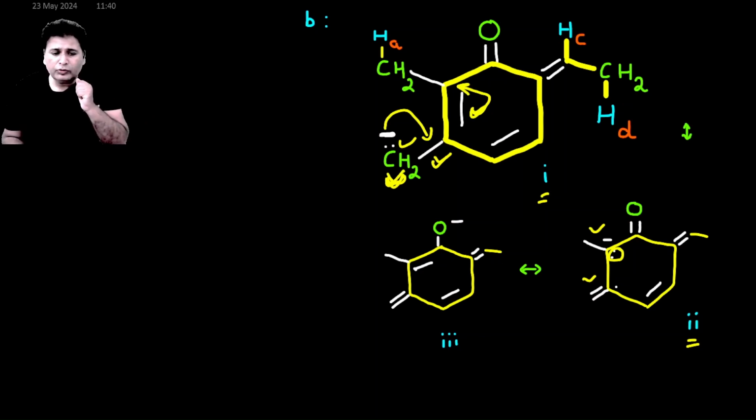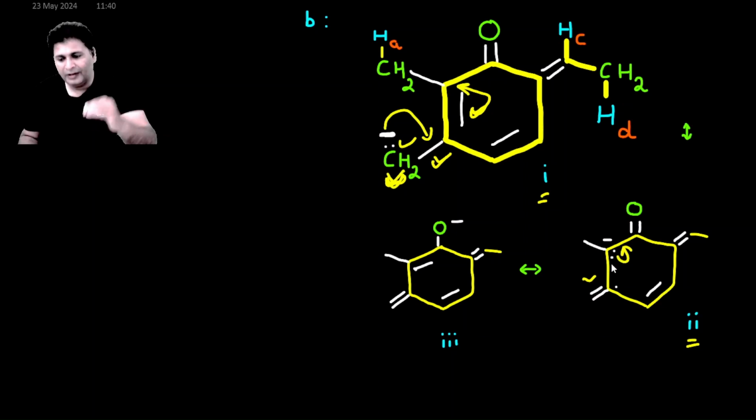After this, you think about what next. Is there any other possibility left? Yes. How? You see, there is a negative charge, single bond and a double bond. So again there is a possibility. So let us try to see that possibility also. For that, these two electrons will float like this to make a new double bond, and from this carbon the electrons are going away.